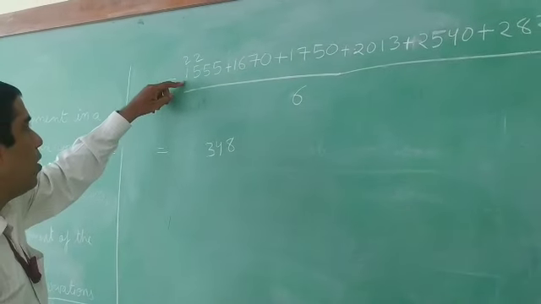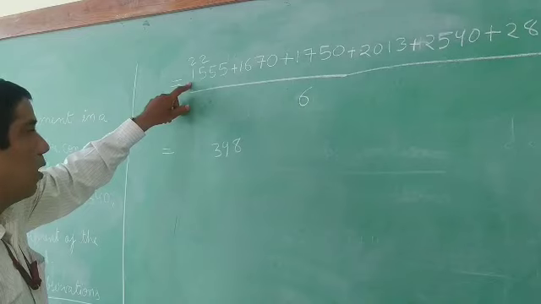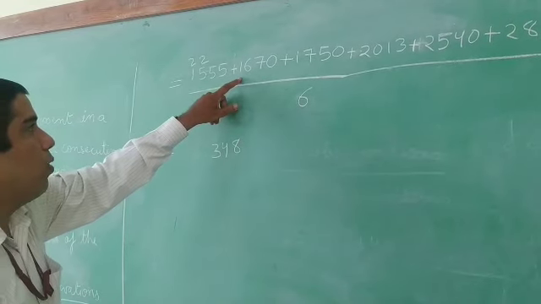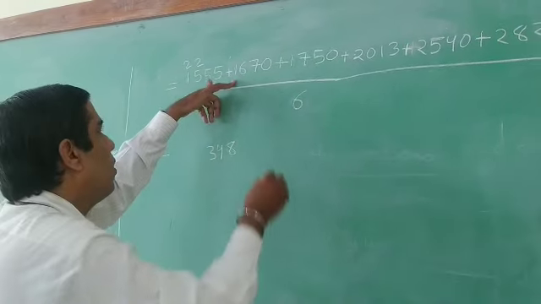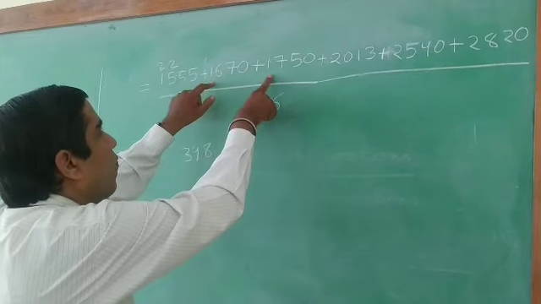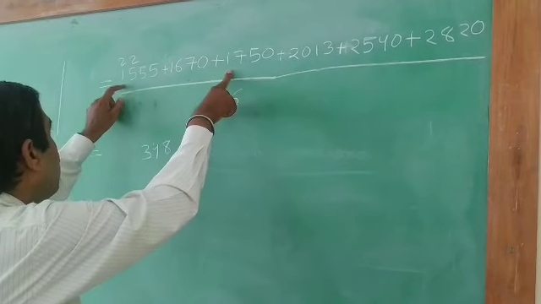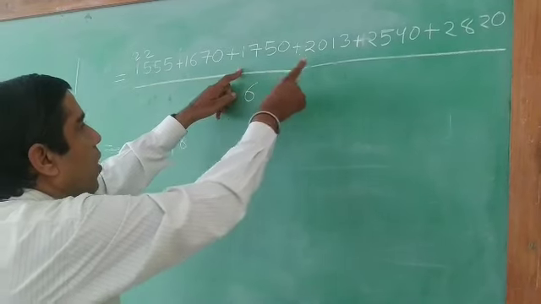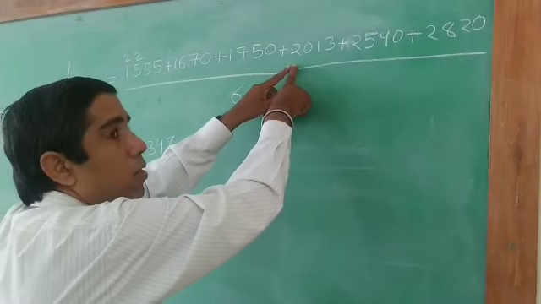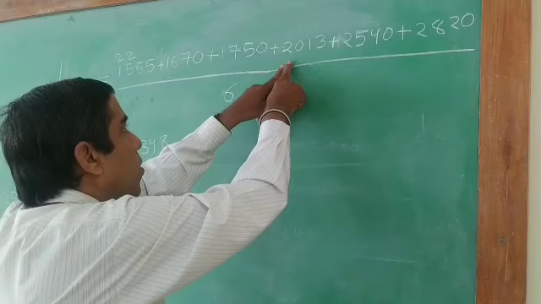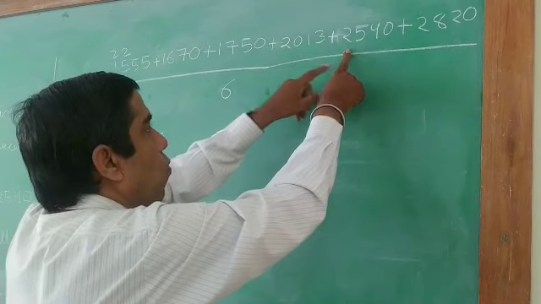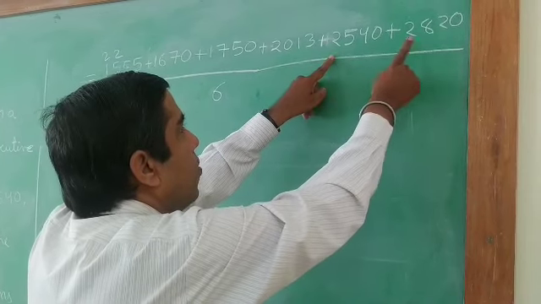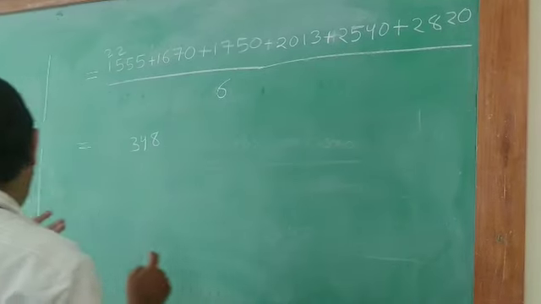Now 2 plus 1, it is 3. 3 plus 1, 4. 4 plus 1, 5. 5 plus 2, 7. 7 plus 2, 9. And 9 plus 2, it is 11.